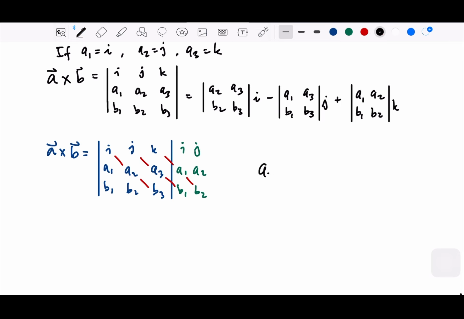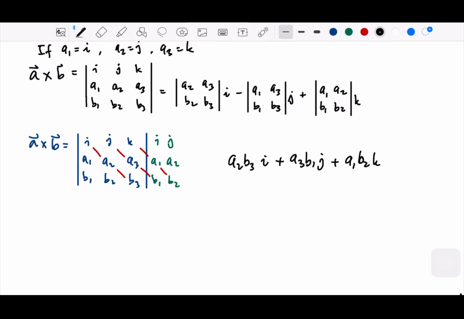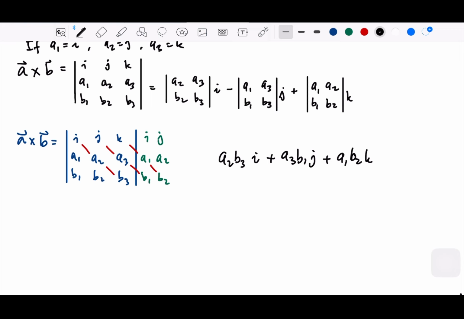So A2 B3 I plus A3 B1 J plus A1 B2 K. Okay, and then it needs to be minus, and then plus again, but on the other side of the arrow.